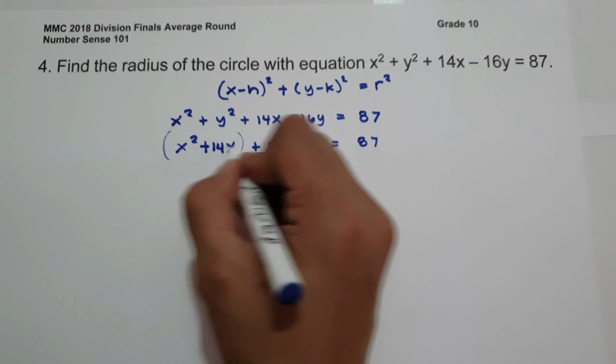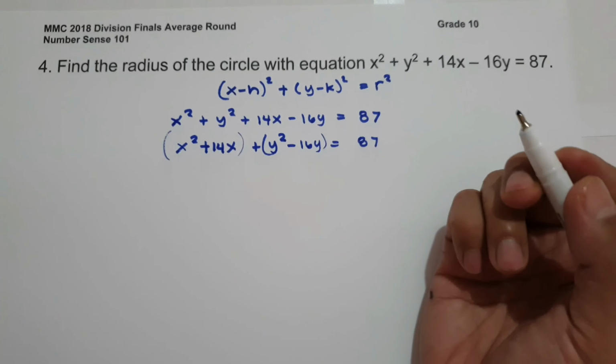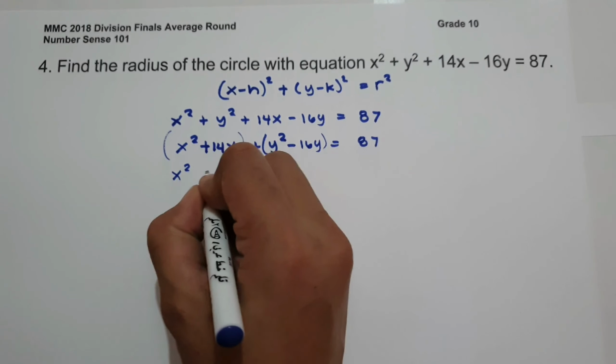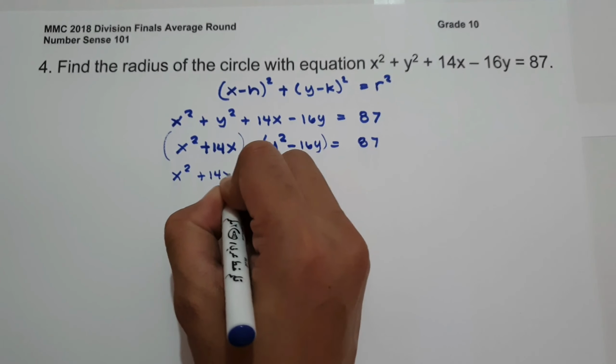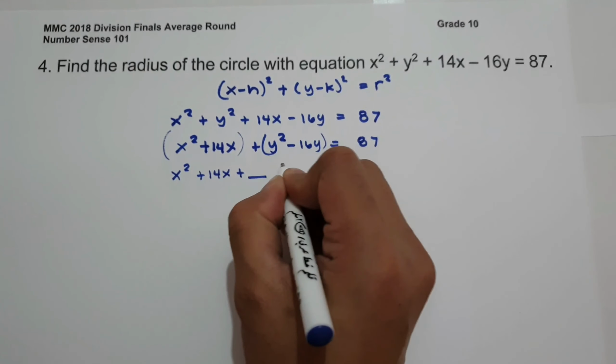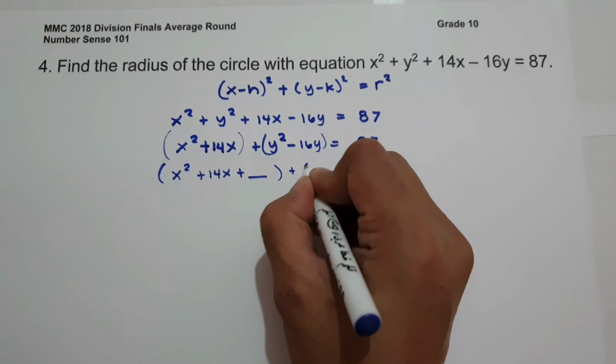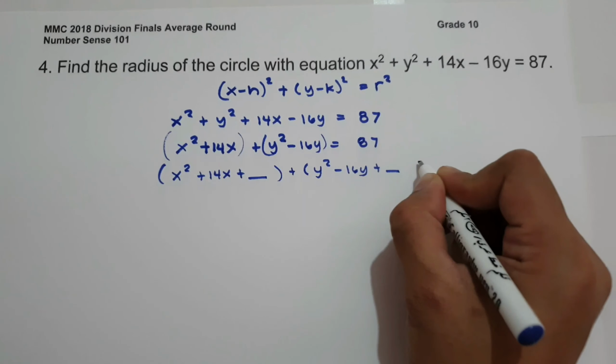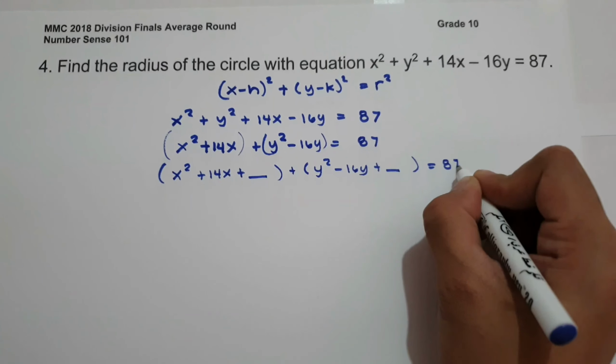Let us group this in terms of x and y and use completing the square. So we have x squared plus 14x plus blank plus y squared minus 16y plus blank equals 87.